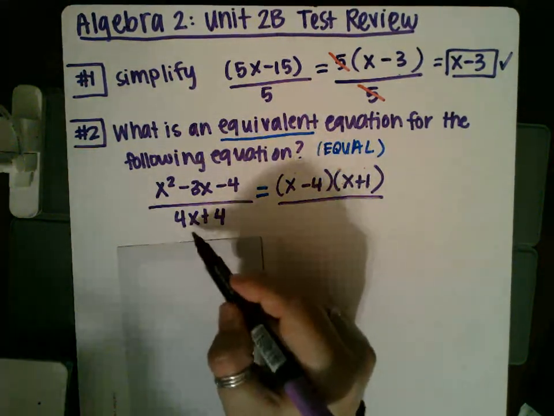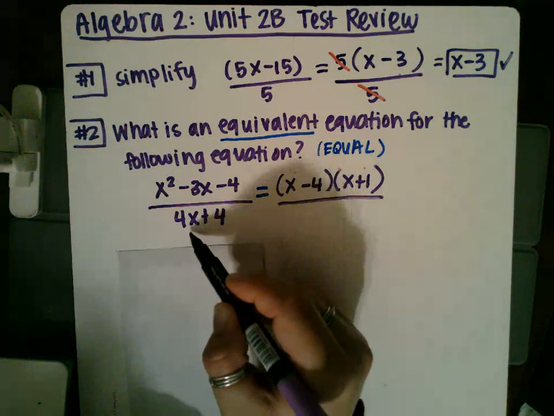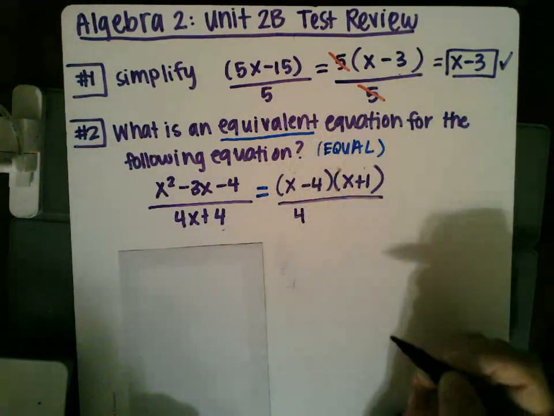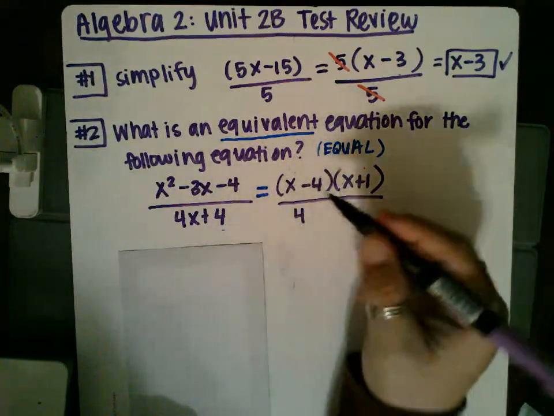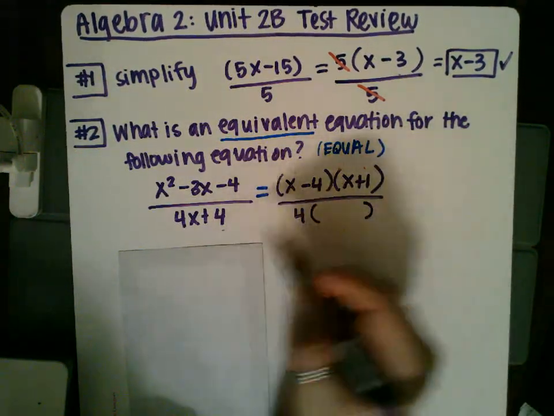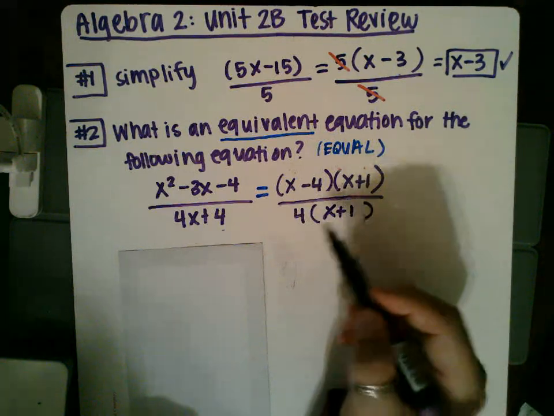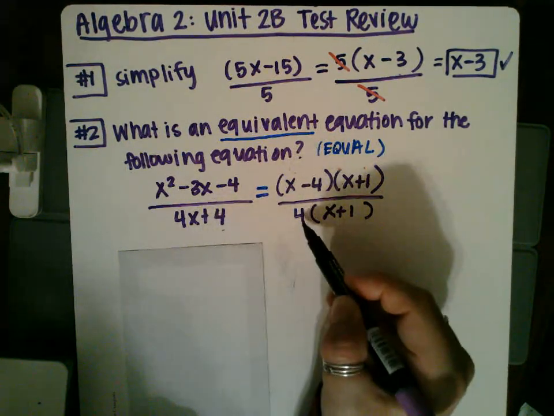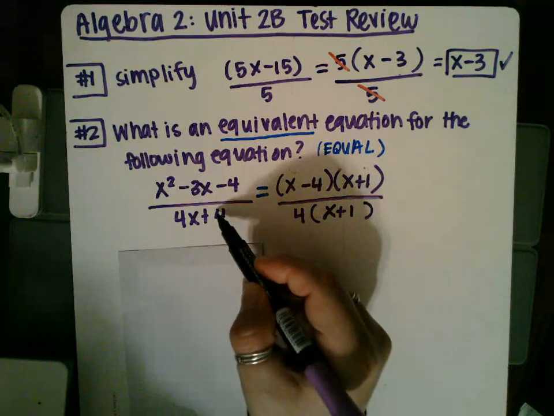So 4x plus 4, they both have 4 in common, so 4 is my greatest common factor. If I factor out 4, what's left behind is x plus 1, because 4 times x is 4x, and 4 times 1 is 4.